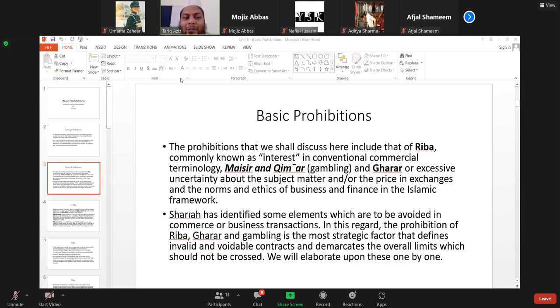But if a product is Sharia compliant, it does not necessarily mean that it is Sharia inspired or Sharia based, because a Sharia based product is a different concept from a Sharia compliant product. Is this clear to you?